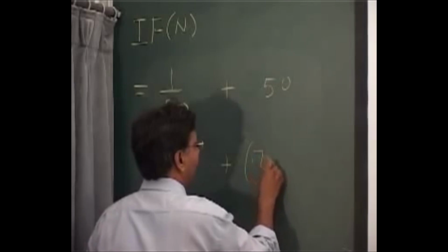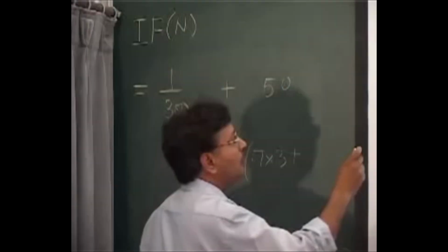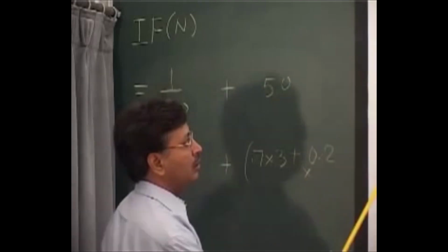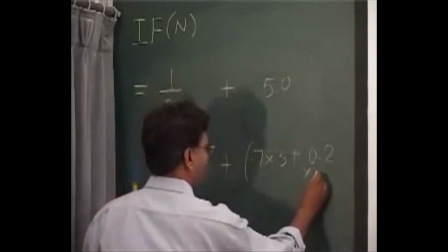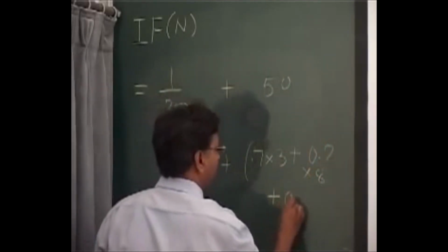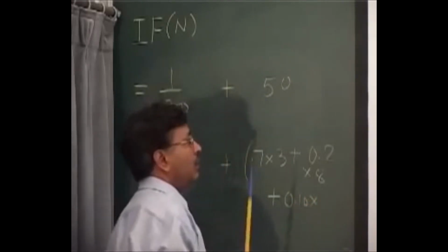So what you can do is 0.7 times 2 plus 1 3, plus 0.2 times, that is you are finding the mean wind speed in the direction north, 8, plus that is 10%, so 0.10 times the average wind speed in this range, which will be 12.5.